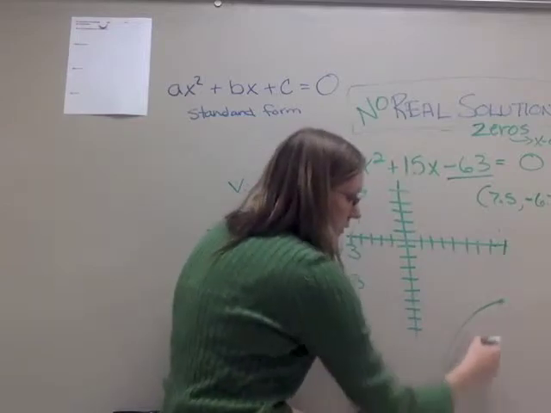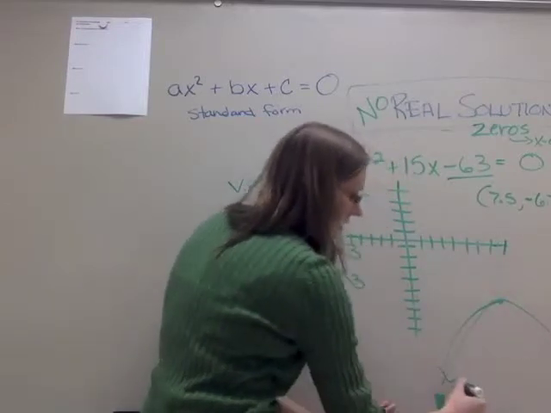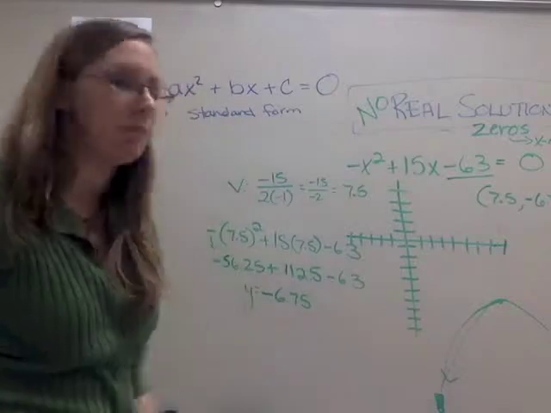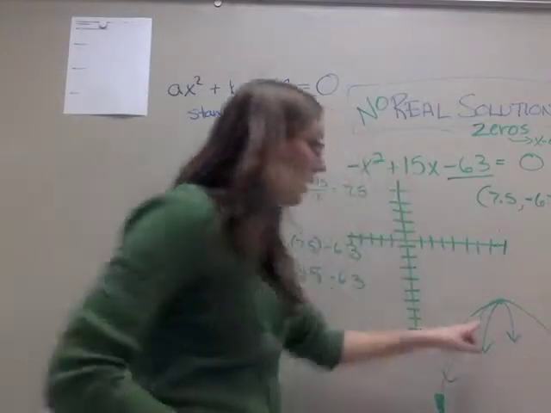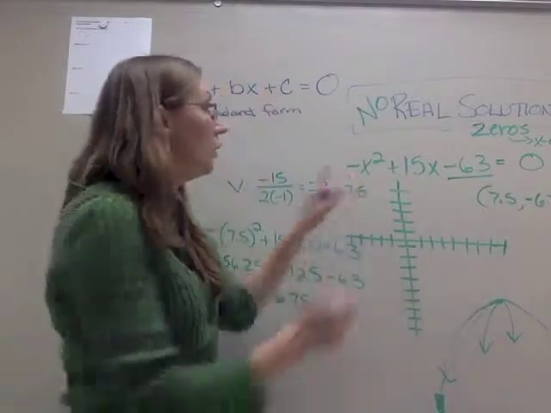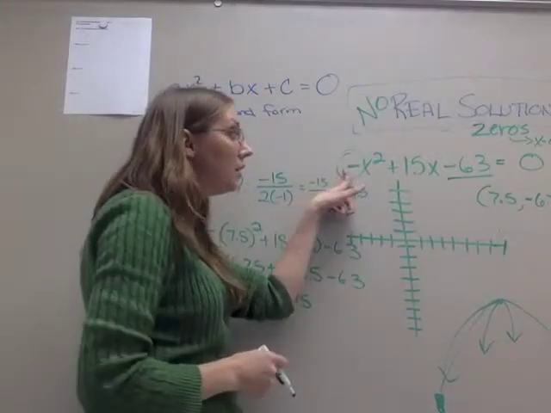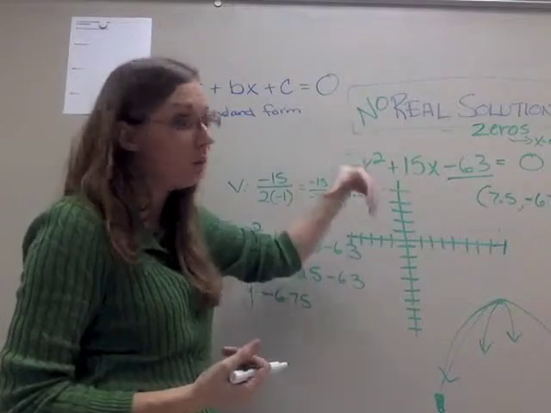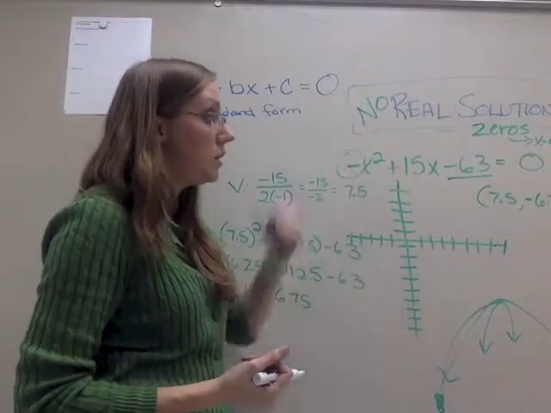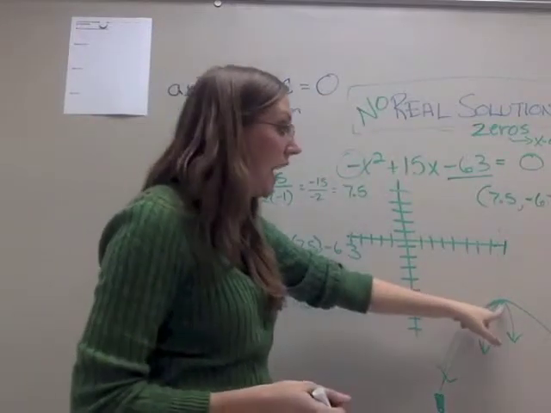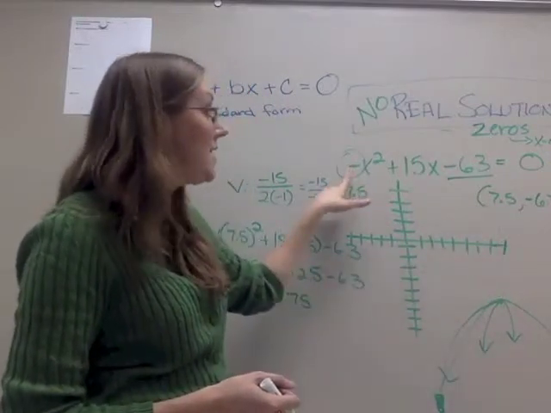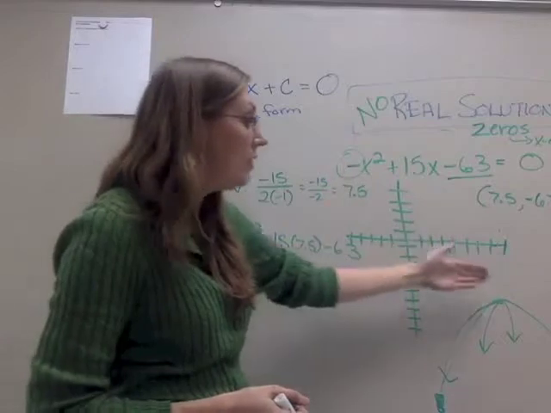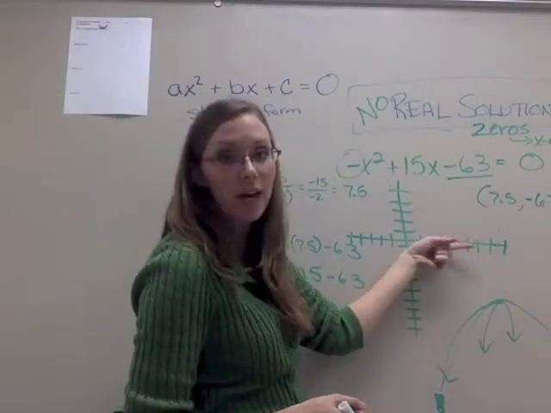This graph is going to go down like this. It doesn't matter if it's steep or really narrow going down like this. Either way, this graph is going down. We know that because our A is negative, saying that it's going to be an n, not a u. If this is an n and our vertex is here below the x-axis and it's a negative graph, then this will never hit the x-axis.